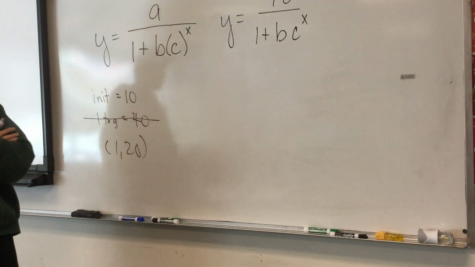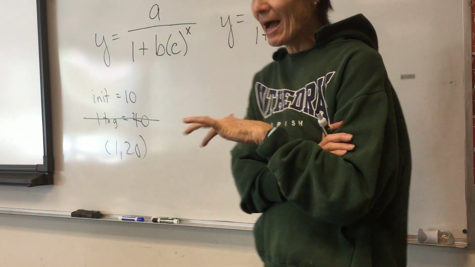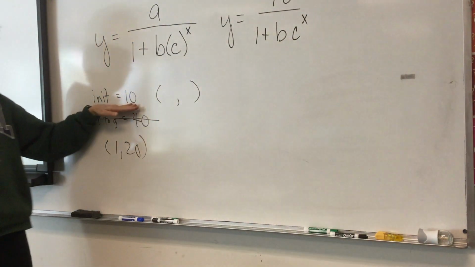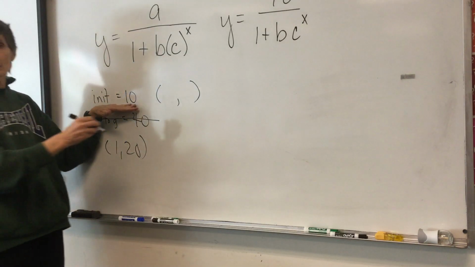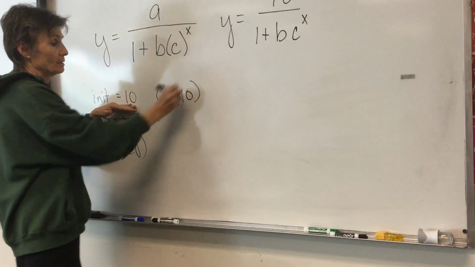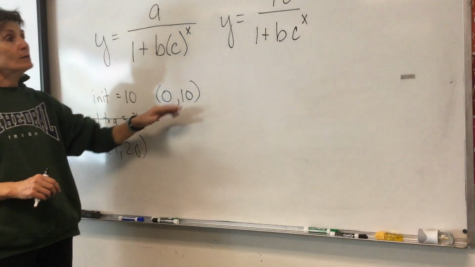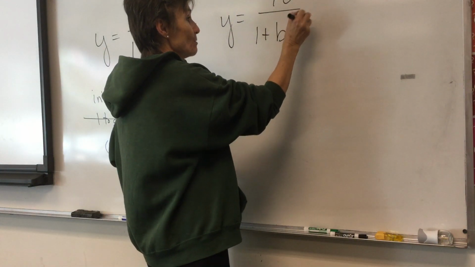Now, some of you want to use that 10. Remember, the initial value is really part of a point. What is the point that goes with the initial value? 0, 10. Yep, got to start with a 0. X is 0. The initial value is the value of the function when x is 0.